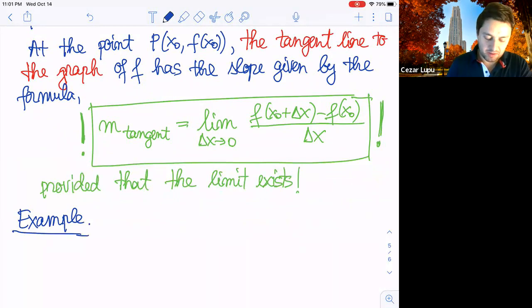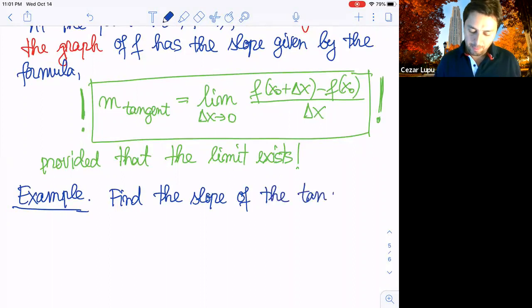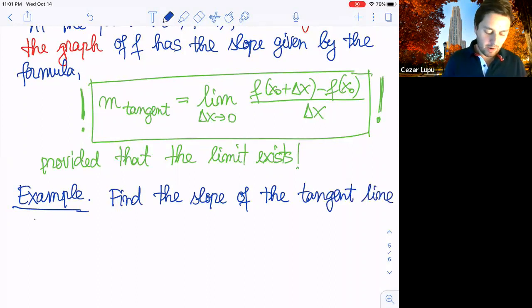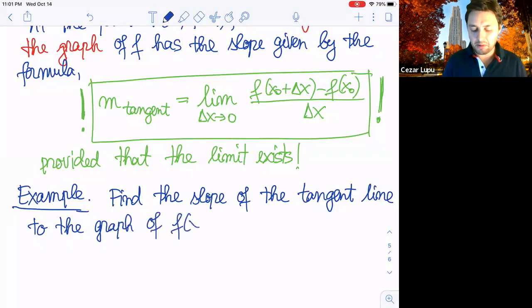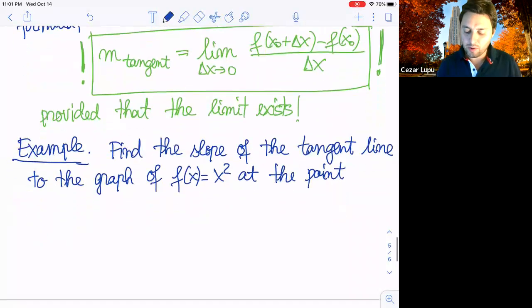Let's find the slope of the tangent line to the graph of, let's take the simplest quadratic function, f of x equals x squared, at the point, let's say, P of coordinates -1, 1.